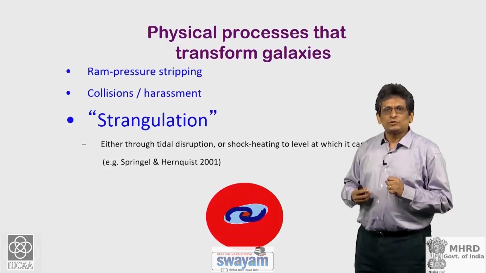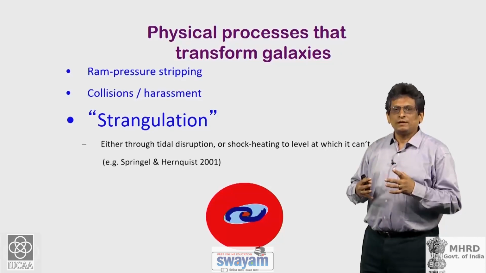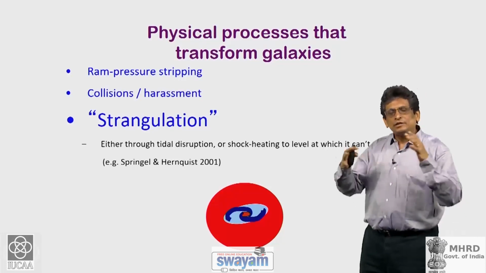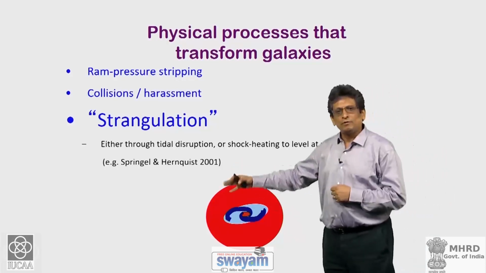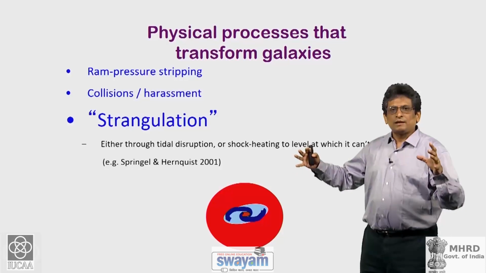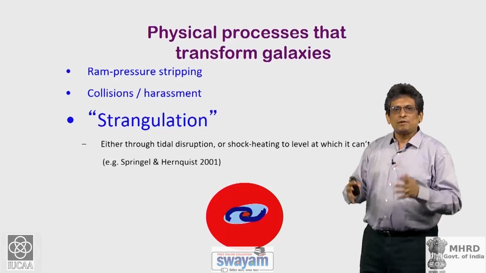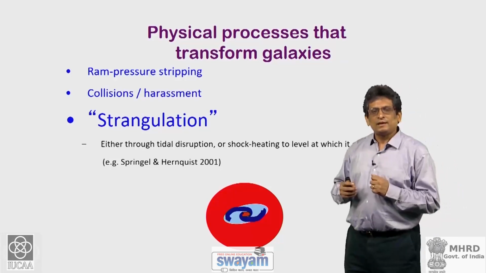A galaxy normally has a reservoir of cold gas around it, in the form of a halo around the disk galaxy, and this cold gas falls into the disk slowly in order to fuel the star formation that is going on in a disk galaxy.